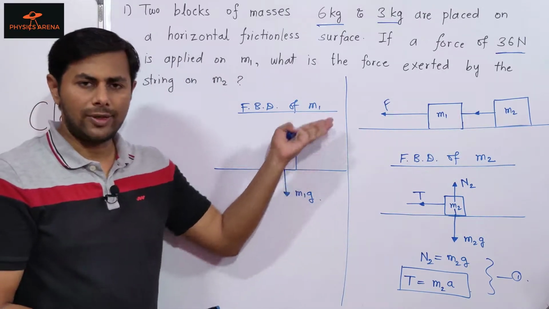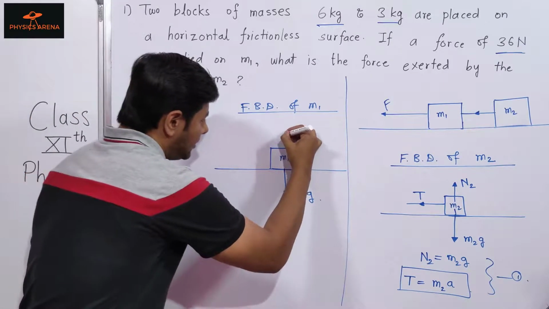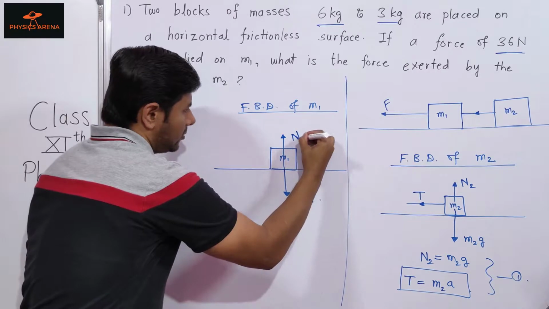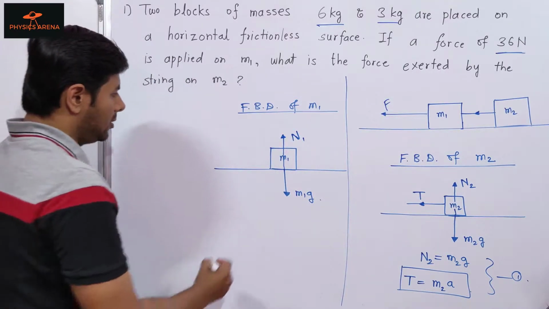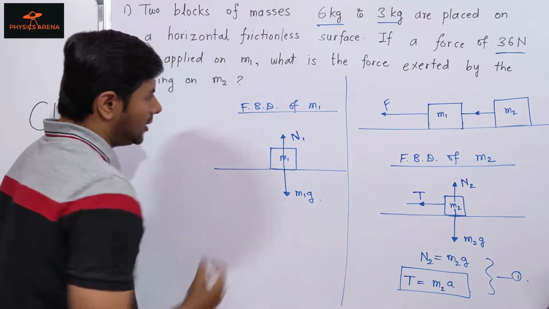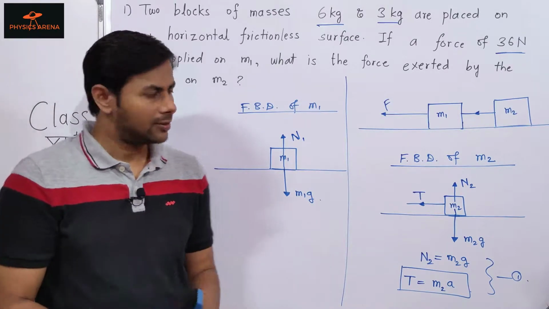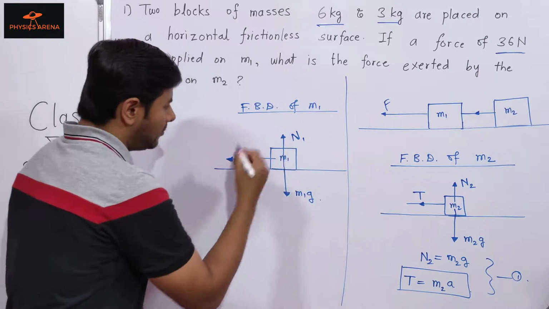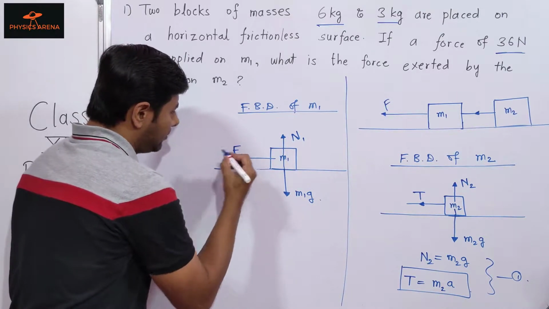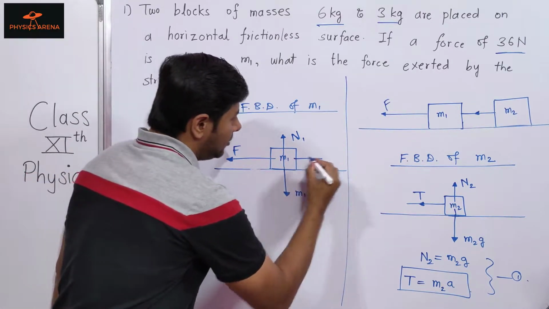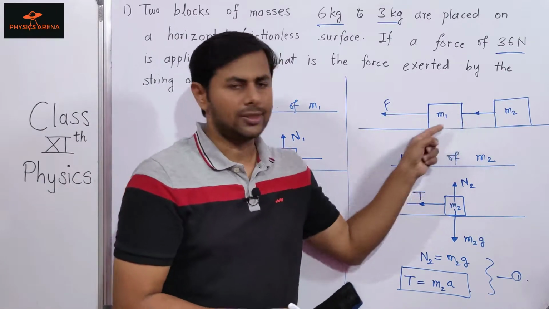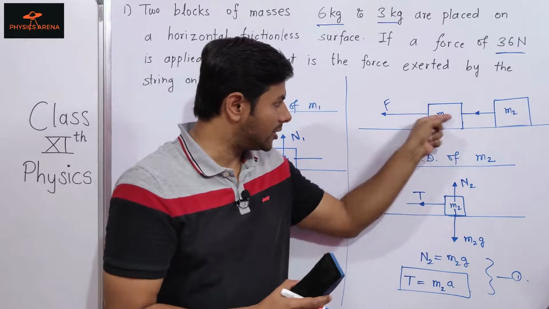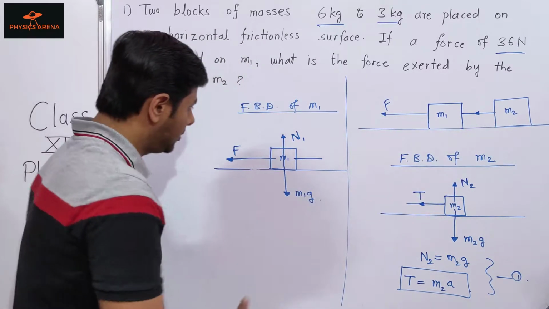Then there is a normal reaction which balances the weight, so let's call it N1. Then in the horizontal direction there are two forces. One is the force exerted by some external agent, F, and the other one is the force due to the string. On this block m1, the tension will be towards right.